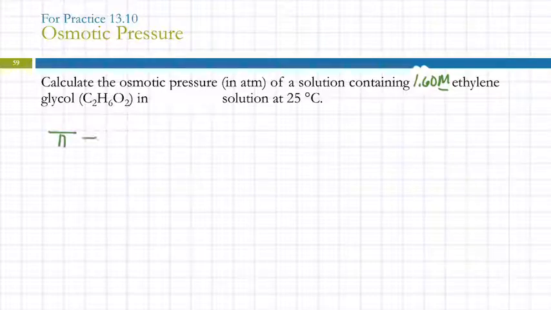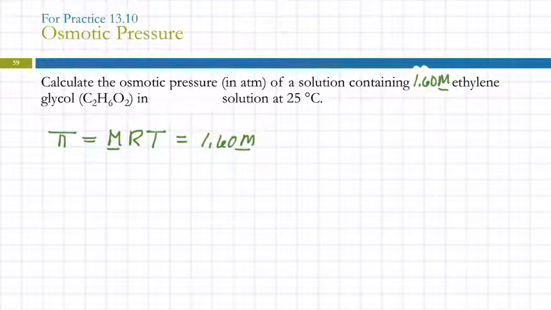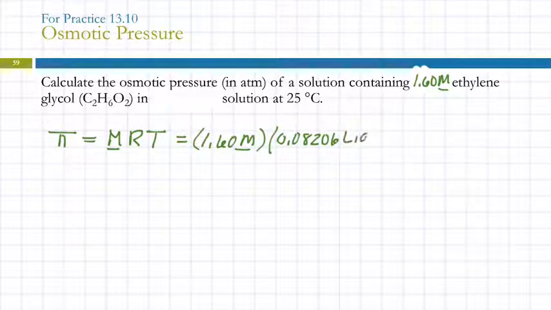Osmotic pressure is equal to the molarity times the ideal gas constant times the temperature in kelvins. So the molarity, 1.60 moles per liter. We were supposed to calculate it, but we skipped that part. Times the gas constant, 0.08206 liters times atmospheres divided by moles times kelvins.